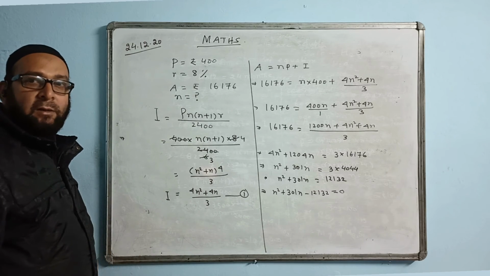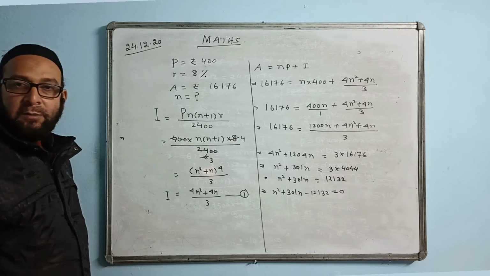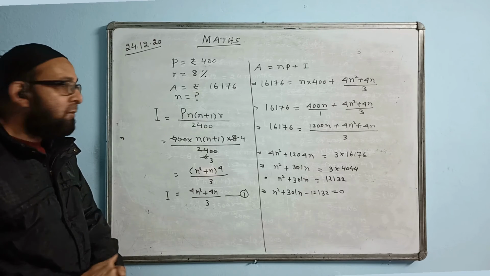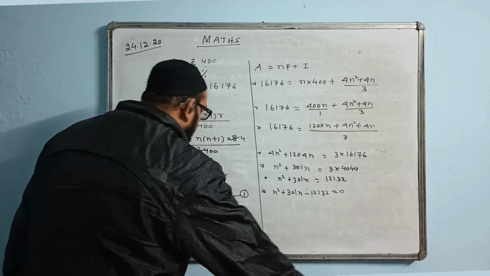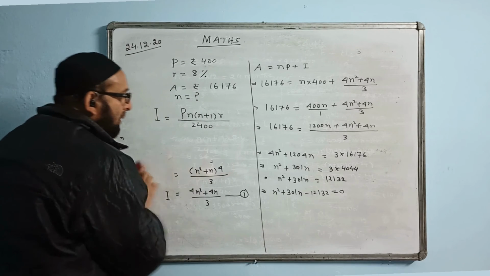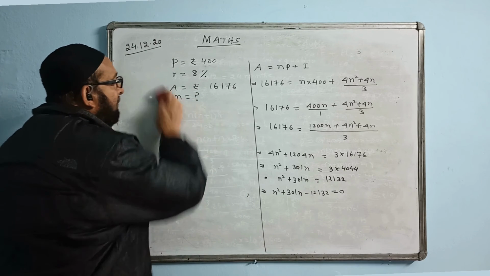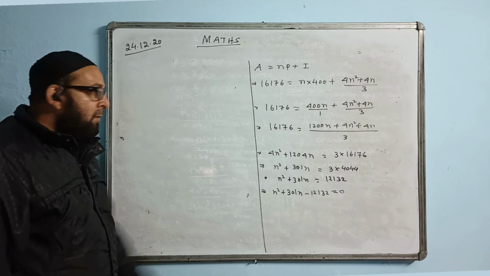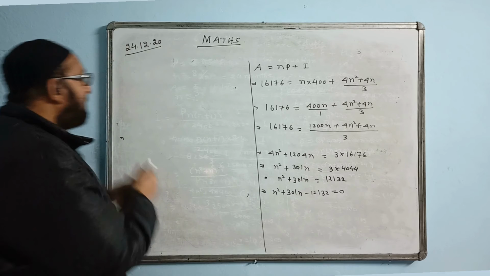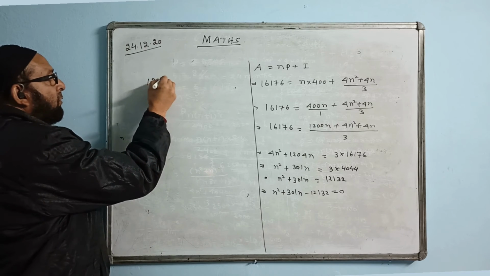This case is only a lengthy case, but if the question comes, we have got no other way. We have to do it, and we will give time for calculation. The product is 12132. Let us break 12132 out here.